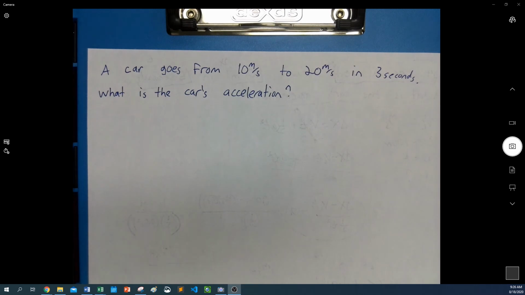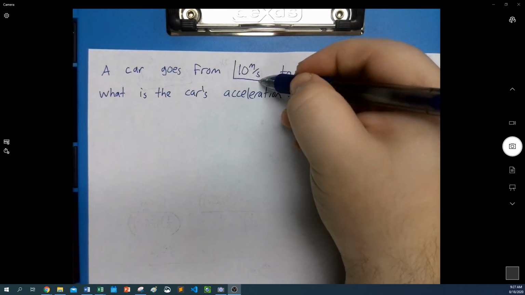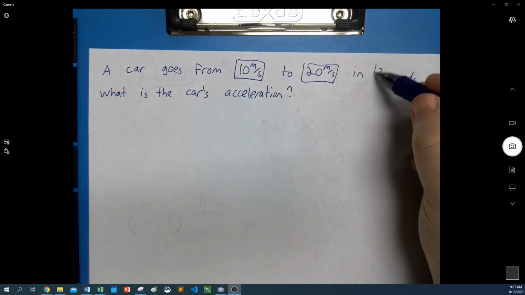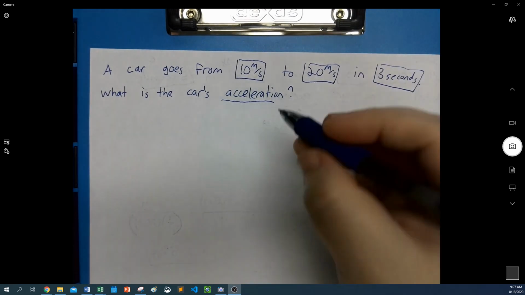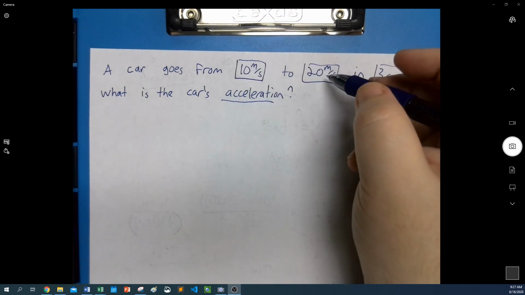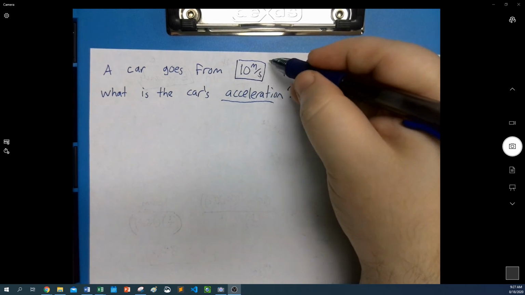So again, first thing you need to do is identify variables. Look at all your numbers. A number there, a number there, and a number there, and we're looking for acceleration. You go from 10 meters per second to 20 meters per second. These two are speeds. Meters per second is a unit of speed or velocity.